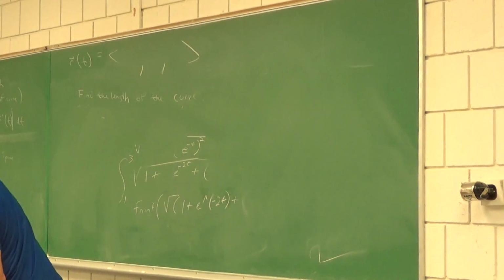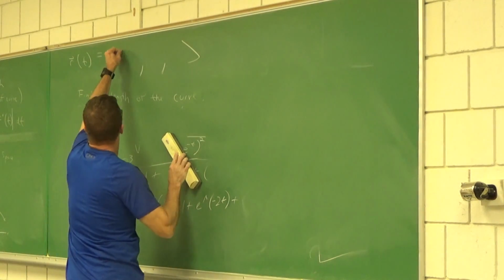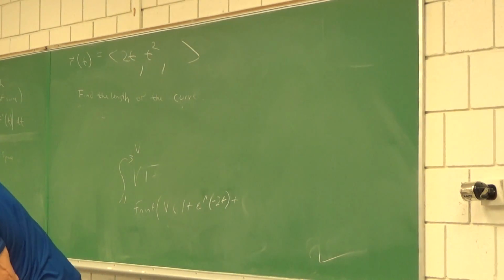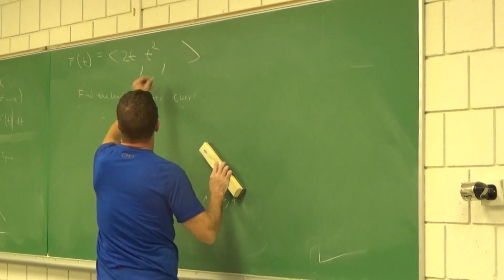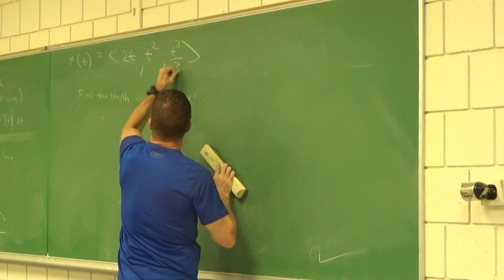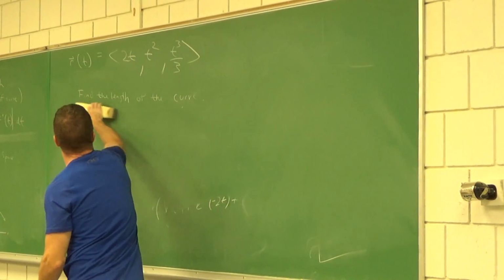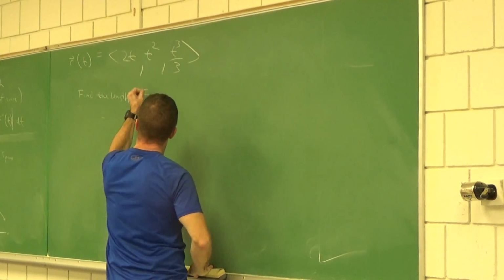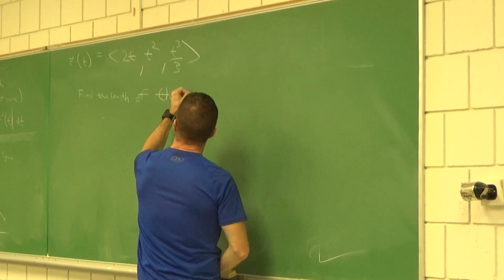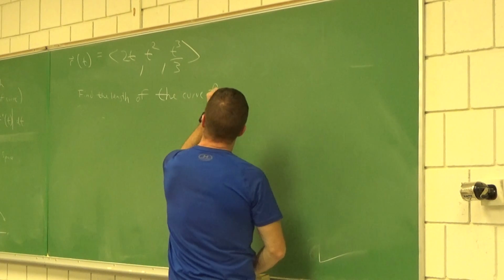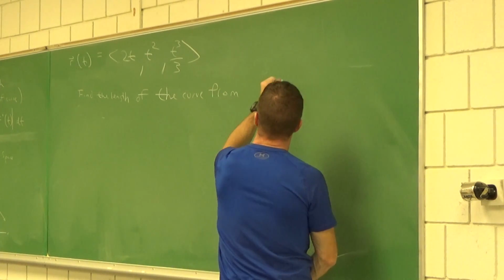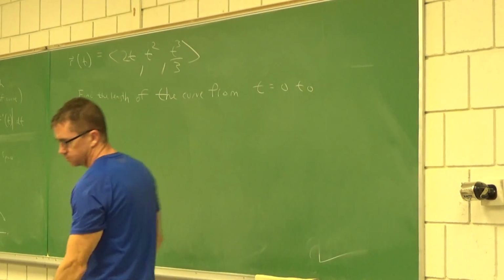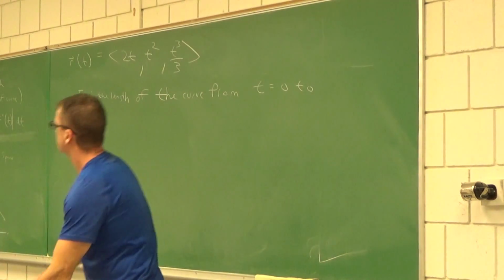They've got 2t, t squared, and 1/3 t cubed. You've got to find the length of the curve from t equals 0 to t equals 1.